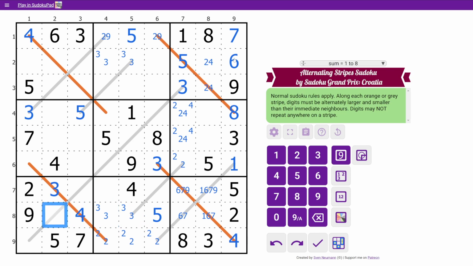8. Alright, 8 goes on the line in one of these 2 spots. So I know that 8, well, I know that anyway. What's this number? A 1? What can it be? 1 or a 6?